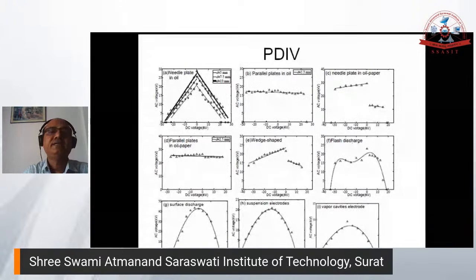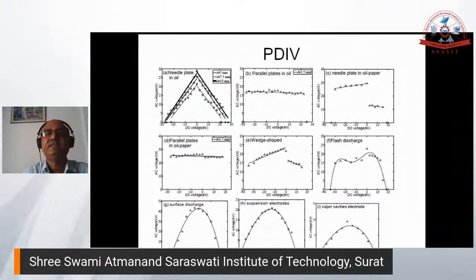Now, here we will have a DC voltage. These are a few results from a research article. PDIV means the partial discharge inception voltage, the voltage at which partial discharge will start. That voltage can be used to understand the partial discharge characteristics.